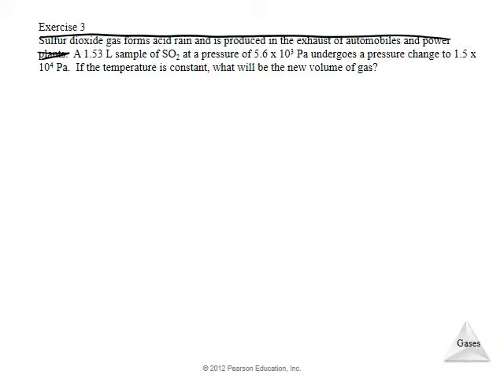So the first thing that I see is a 1.53 liter sample. That's volume 1 is 1.53 liters. Okay, and the next number I see is that sample is at a pressure of 5.6 times 10 to the 3 pascals. That's my pressure 1. 5.6 times 10 to the 3rd pascals.